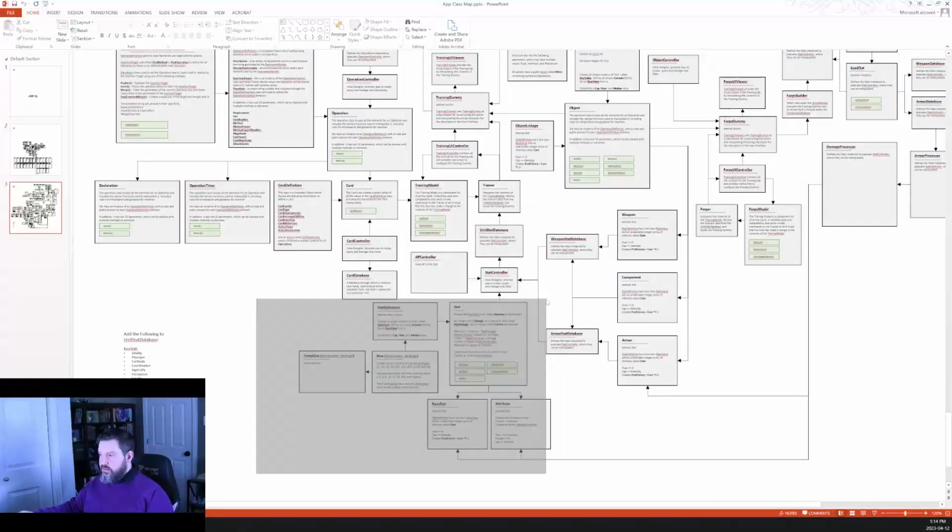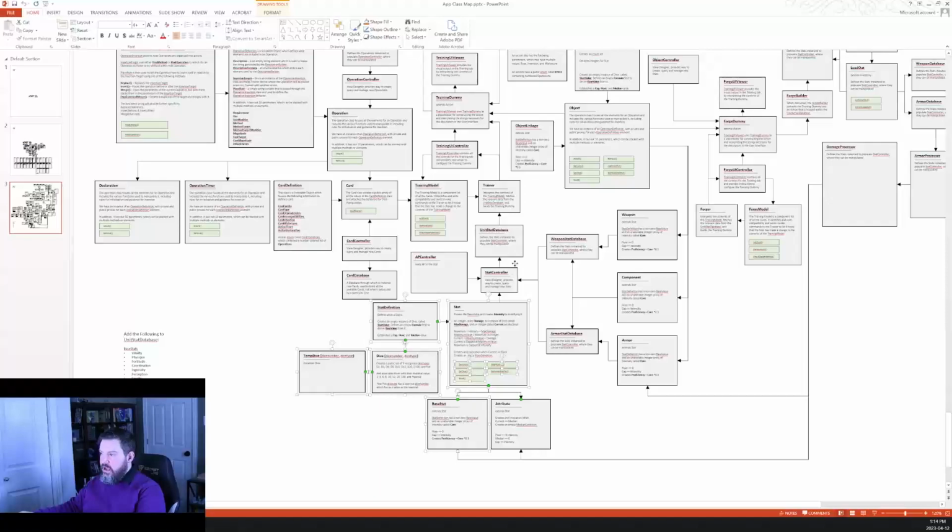So the stat system is basically right down here, and it represents this. I became aware that there are different stat databases based on whether or not it's a weapon stat database, an armor stat database, or a unit stat database. So I have different stat databases which are meant to be held by different things.